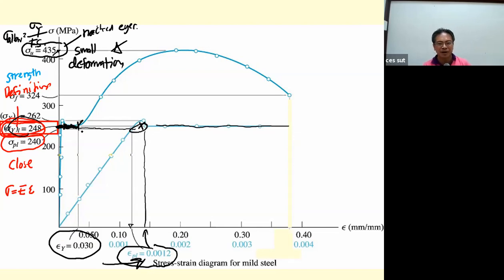So if we use the stress at the end of yielding, the deformation of the structure at this point is going to be very large, so that the objective of the structure may not be satisfied.